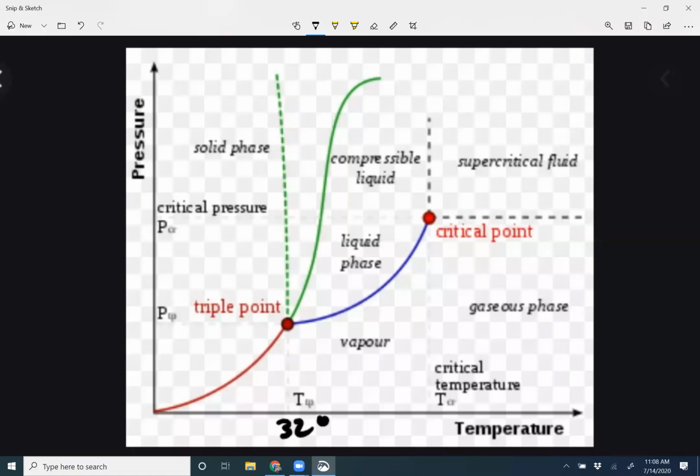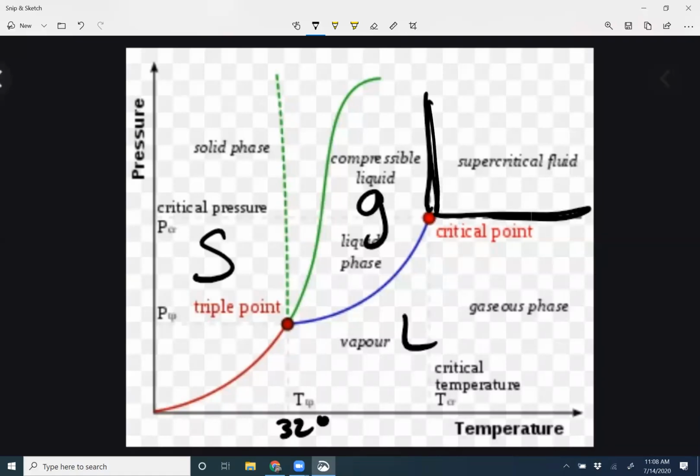So here we have the solid, the liquid, and the gas phase. And over here we have what's called supercritical, which is when things start to behave very, very weirdly.